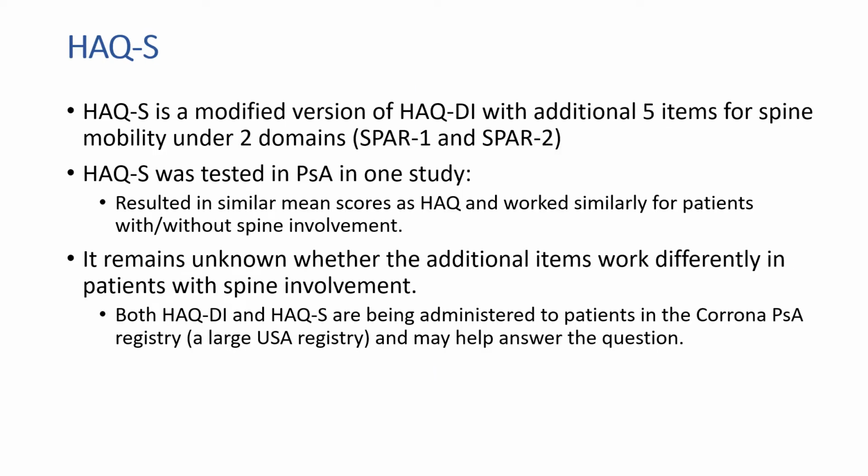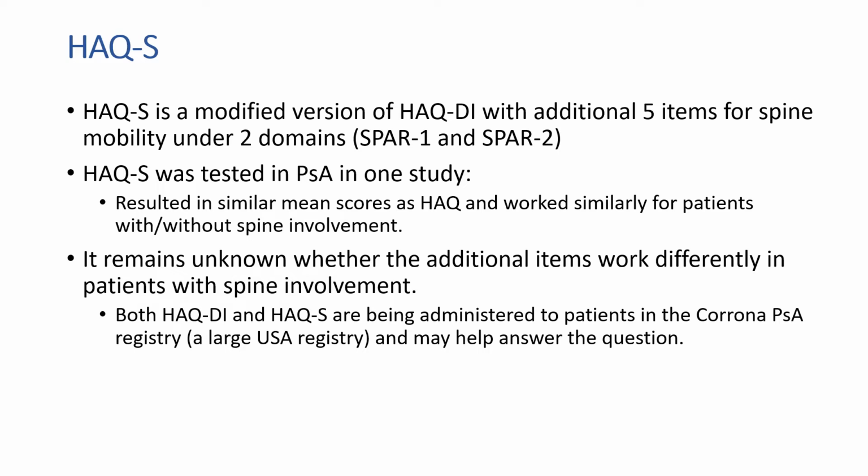Now, we come to the second PRO, the HAQ-S. It is a modification of the original HAQ-DI. It has 5 additional items for spine mobility. HAQ-S was tested in one study in PSA and found to work similarly for patients with or without spine involvement. However, there were not many patients with spine involvement in that study.